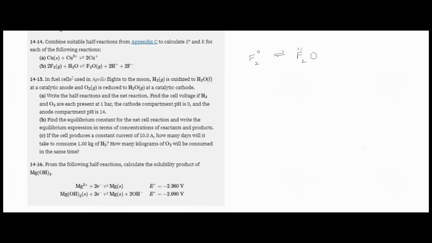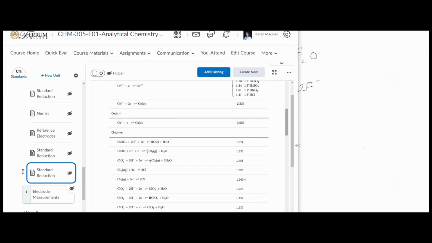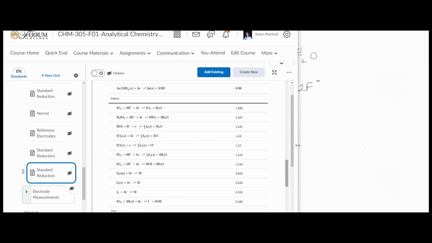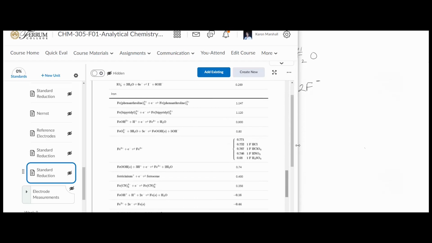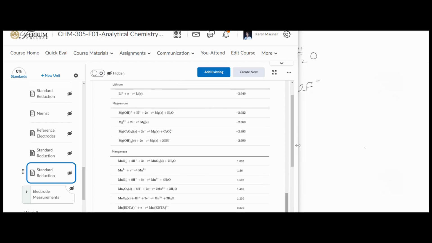So I also have F, which becomes F minus, and 2 of those. So remember from our balancing, first we're looking for atoms other than oxygen and hydrogen. You can balance that way, or you can come over here to your half reactions. Look for fluorine.